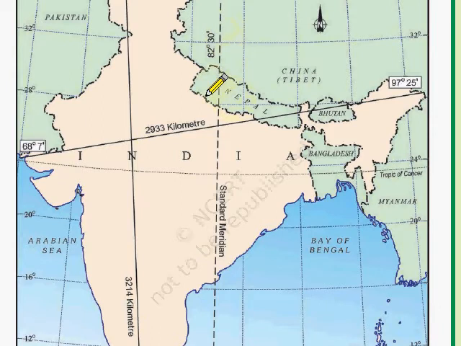This is the standard meridian line, which passes through states like Uttar Pradesh, Madhya Pradesh, Andhra Pradesh, and I guess Jharkhand. This is the Tropic of Cancer. It passes through states like Gujarat, Rajasthan, Madhya Pradesh, Chhattisgarh, Jharkhand, West Bengal, Tripura, Mizoram.